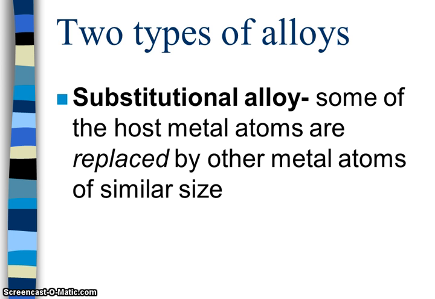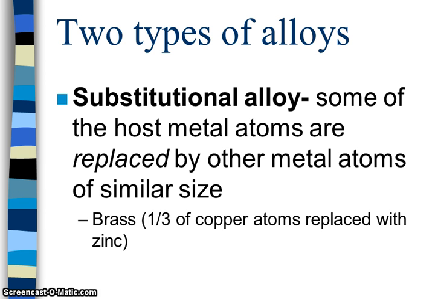And you see the word substitute in there. Substitutional alloys are ones in which some of the host metal atoms within our sample are replaced with other types of metal atoms. And those metal atoms that do the replacing have to be similar in size so they fit in and replace the host metal atoms.